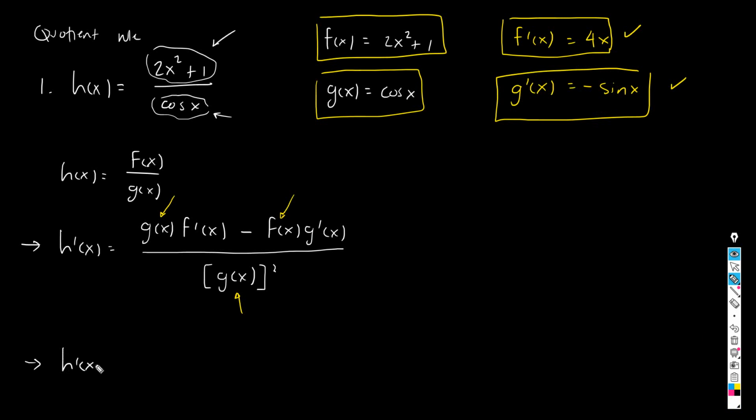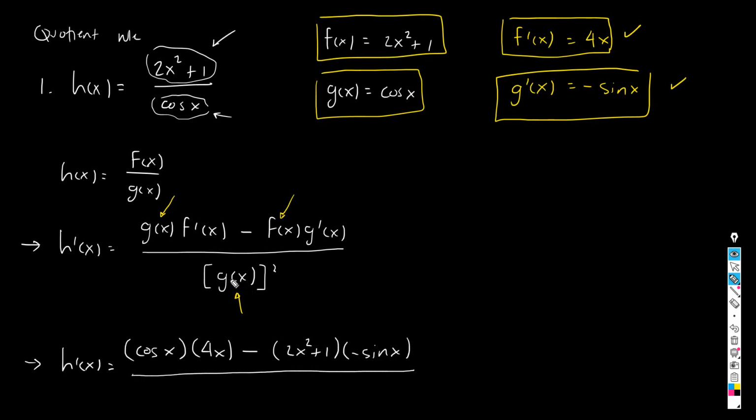So h prime of x is going to be g of x, which is cosine of x, times f prime of x, which is 4x, minus f of x, which is 2x squared plus 1, times g prime of x, which is minus sine of x, over g of x to the square.